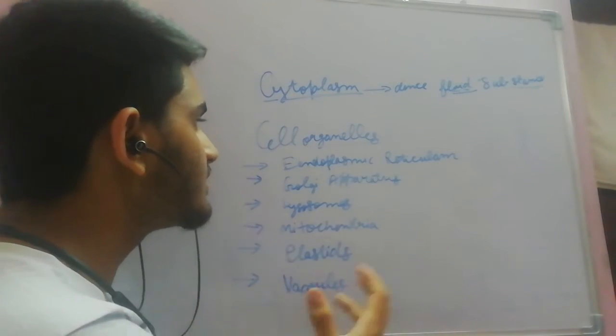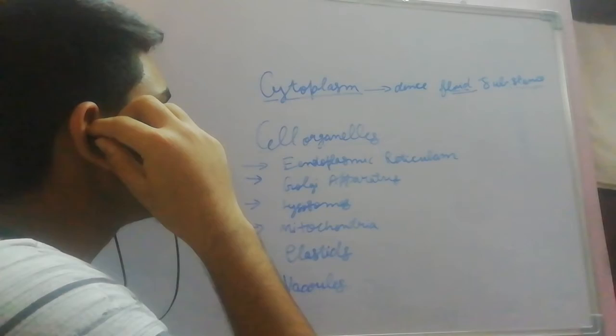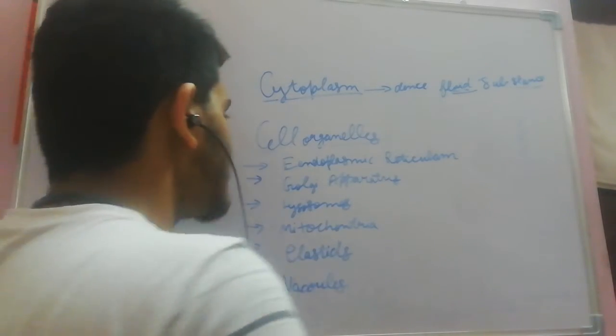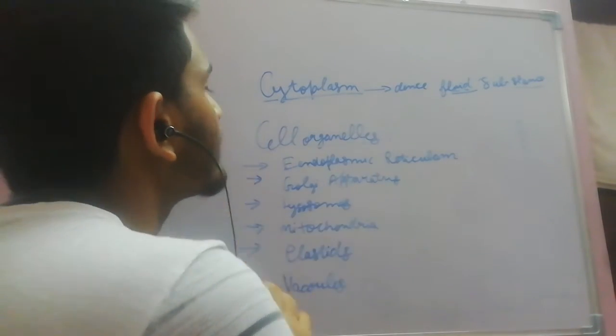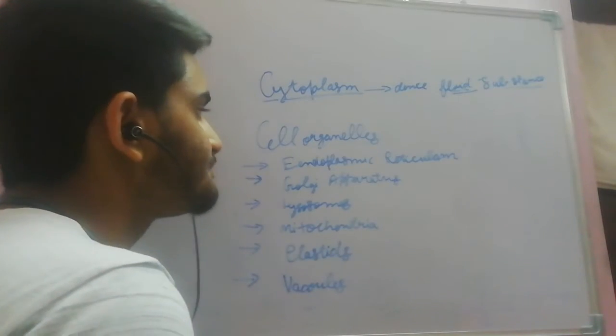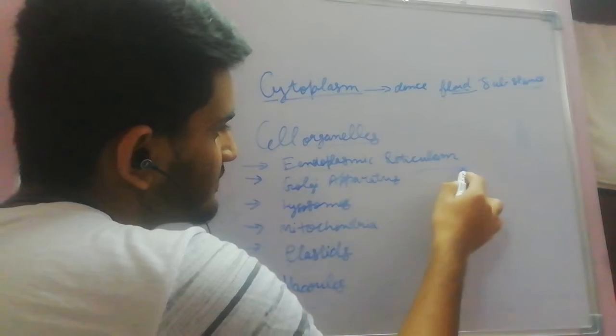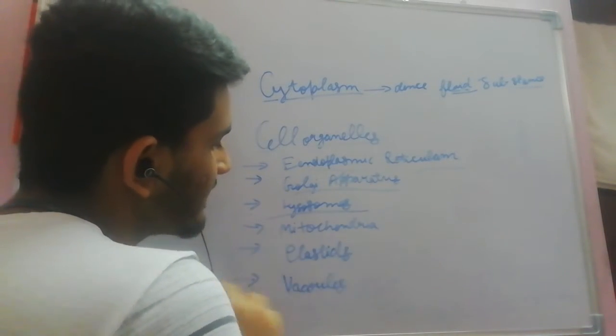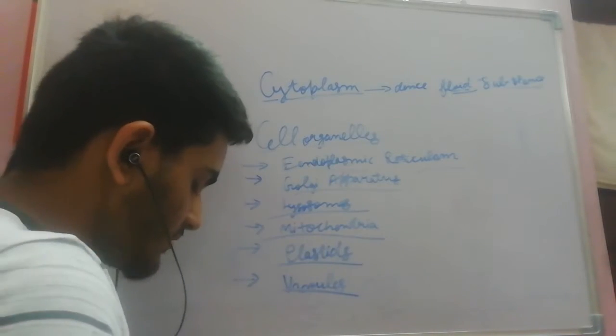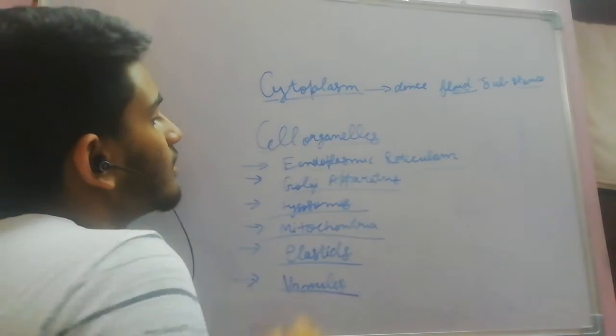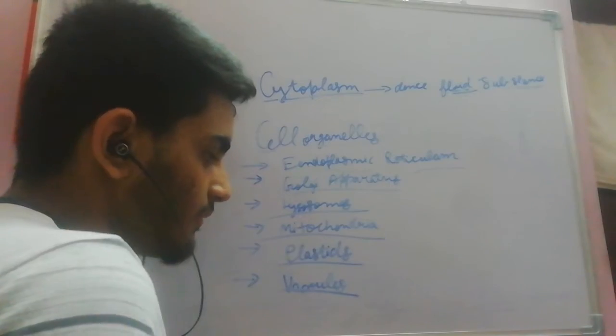The oxygen is used by the cell, and the proteins are synthesized by the cell. All these things are performed by the cell organelles. So these are the 6 cell organelles we will study. First is endoplasmic reticulum, Golgi apparatus, lysosomes, mitochondria, plastid, and vacuoles. These are the 6 cell organelles of which we will talk about.